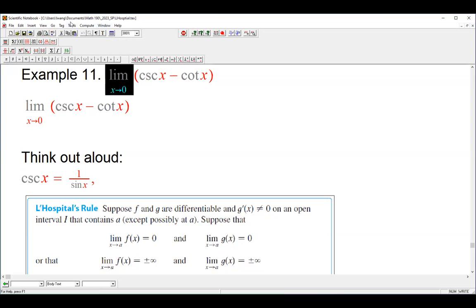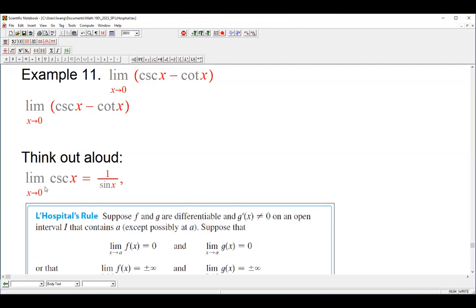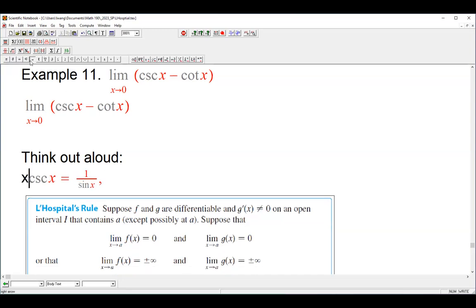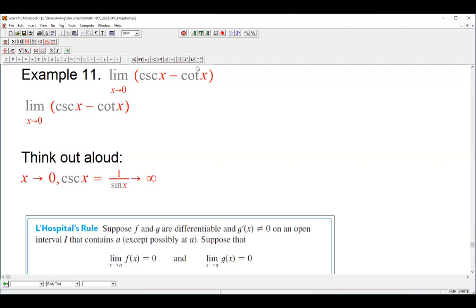When x is approaching 0, sorry, I mean to write it this way. When x is approaching 0, this piece is going to be approaching infinity. How about cotangent x?